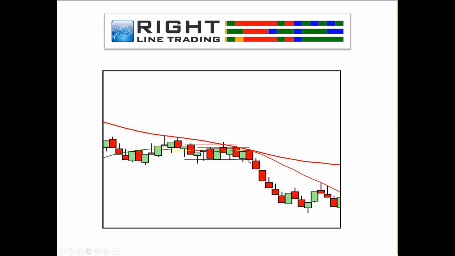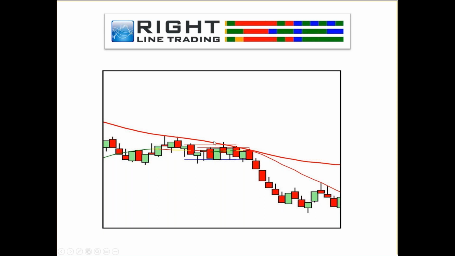So when consolidation breaks, it's going to be stopping out all the traders that are caught in the counter trend direction. Everybody who's positioned long here is hoping for a move up. Everyone who's positioned short here is hoping for a move down. Now, consolidation also almost always breaks in the direction of the trend.